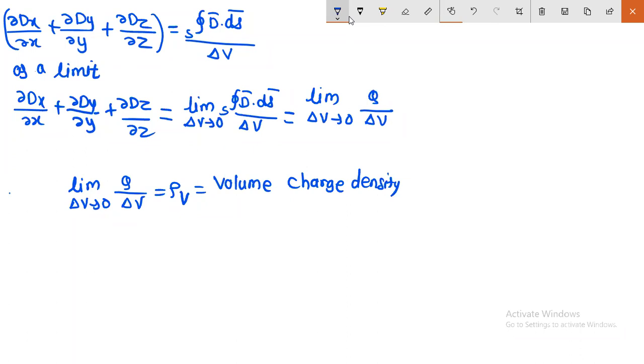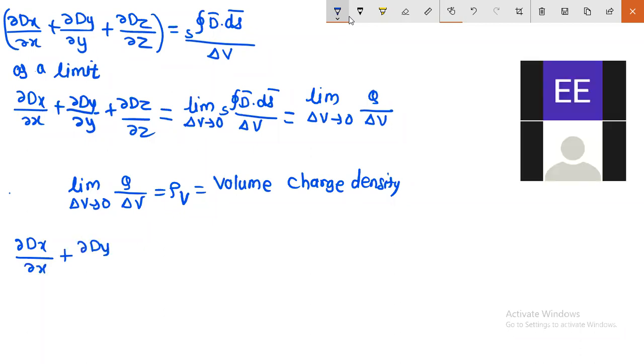We can write this equation now as del Dx by del x plus del Dy by del y plus del Dz by del z is equal to rho v. I'll write the first equation here.